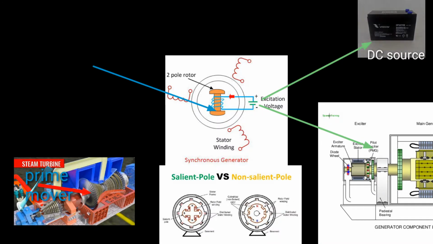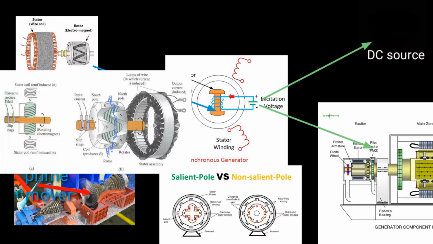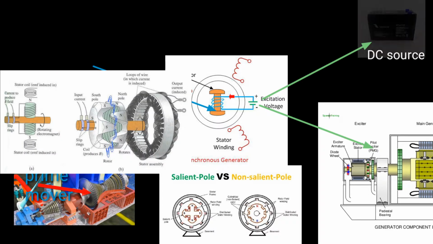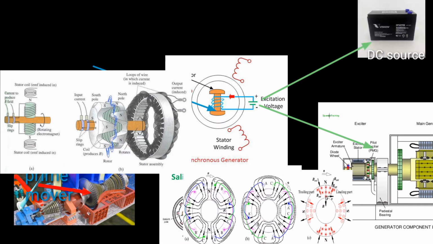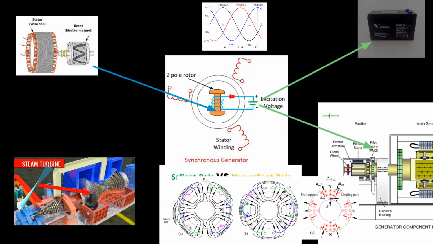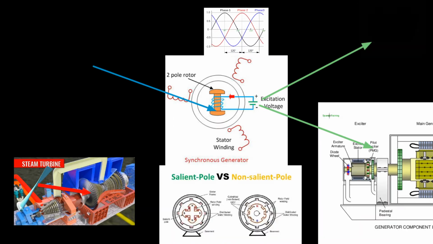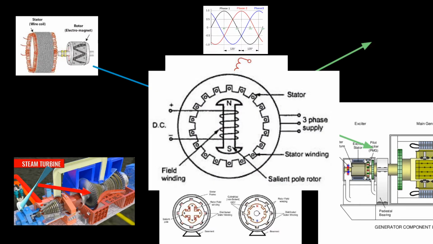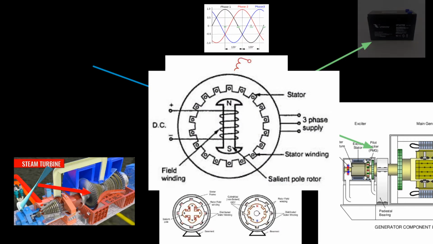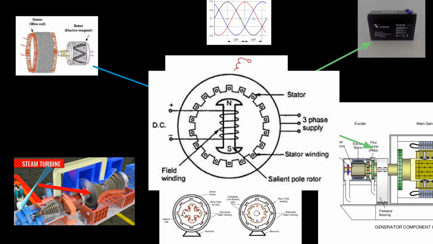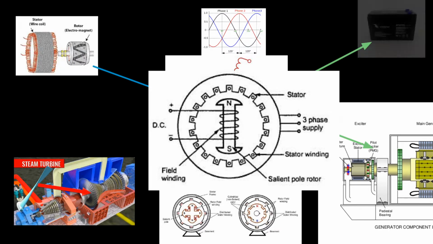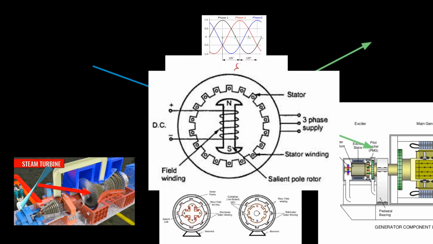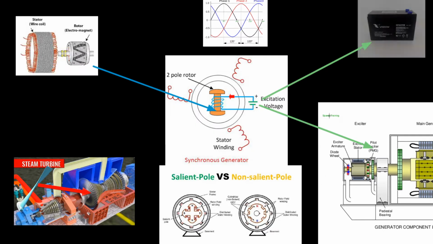The rotor is turned by a prime mover, producing a rotating magnetic field which induces three-phase voltages in the stator windings. In general, the rotor carries the field windings, while the armature windings or stator windings carry the main voltages of the machine.